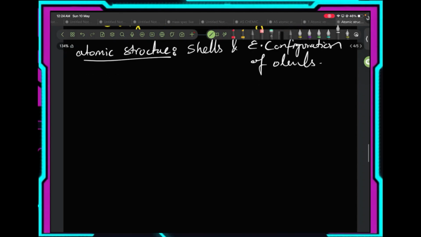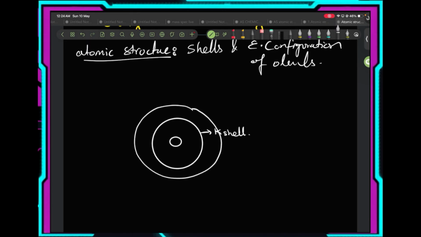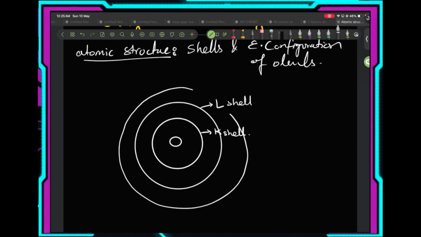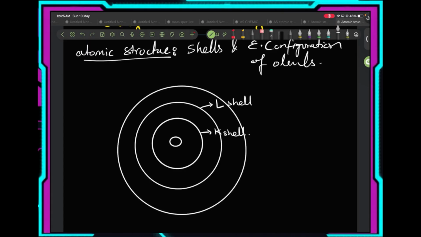Now in O levels we used to say that there is this ball-like structure in the middle of the atom. Then there is this first shell, and we used to call this first shell our K shell. We call the first shell, the first orbit around the nucleus, our K shell. The second shell is known as the L shell, so you just move alphabetically after that. Then there's this third shell around the nucleus, which is known as your M shell.